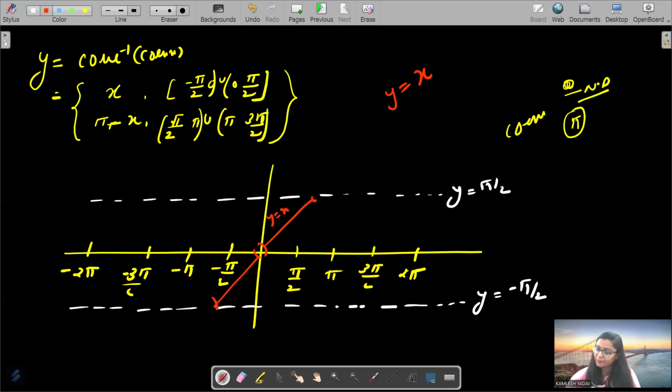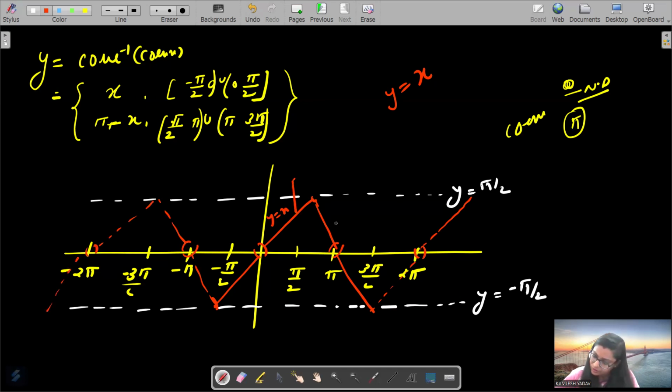Then go for the pi minus x. Next one is like that, but except this point. Then similarly go like that, and similarly this way, except this point, the next one is this.